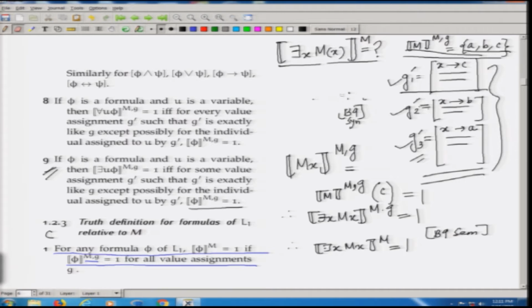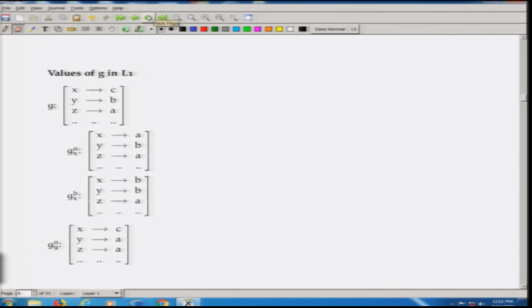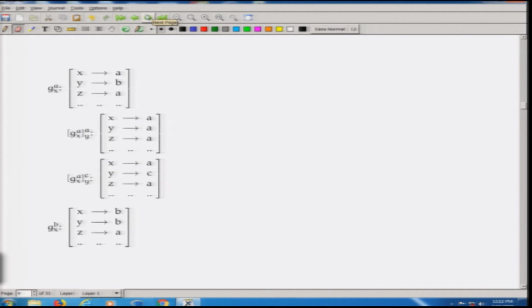We shall see what we can do when we have something as complicated as, for example, let me do it. Okay, so this is the model. So we can see how G varies. Look here, these are different G primes. Now look at this G prime, this G prime gives A to X and then A to Y. So this is a layered G prime which assigns values to both.